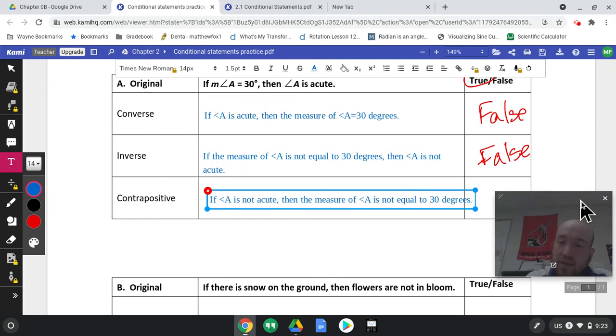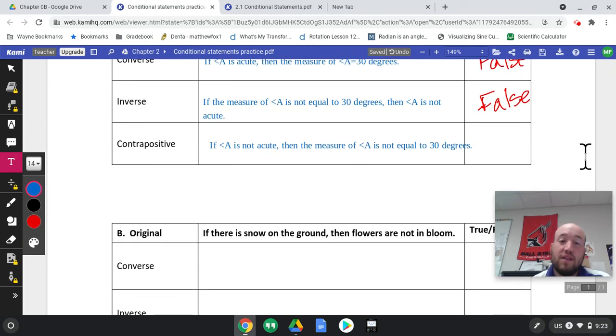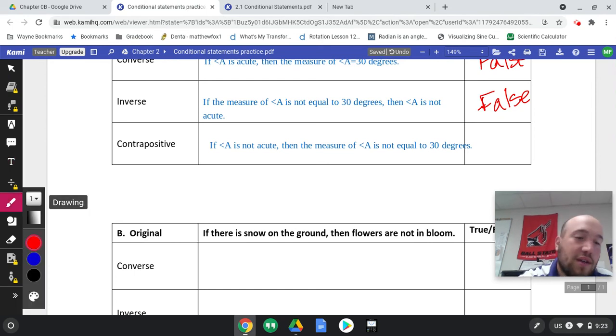So, is this a true statement? If angle A is not acute, it has to be 90 or bigger. It can't be less than 90. So could it be equal to 30? No way, because 30 is less than 90. So this is going to be a true statement.